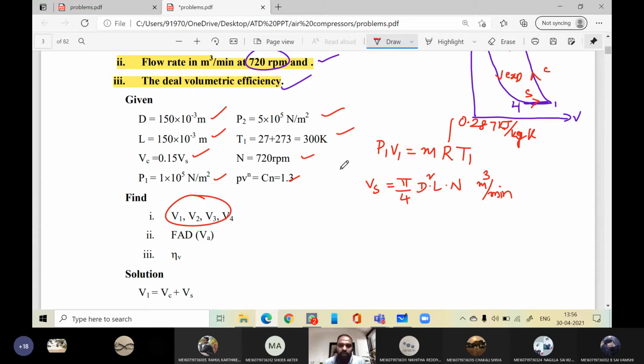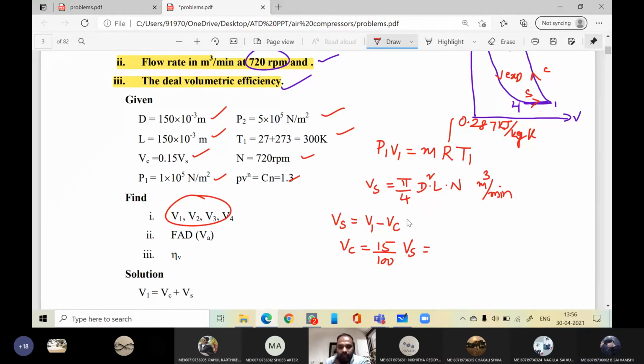So Vs is there. Swept volume is equal to total volume minus clearance volume. Vc is given as 15% of swept volume, 15 by 100 into Vs.